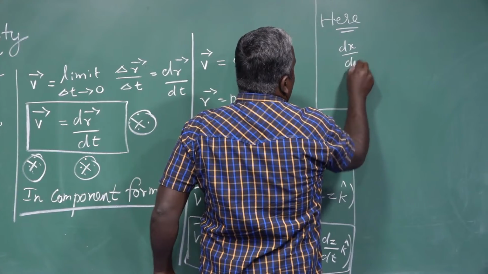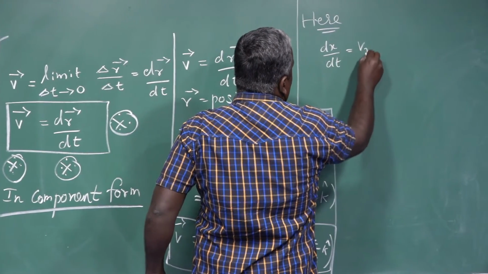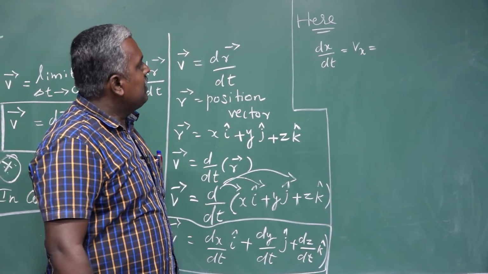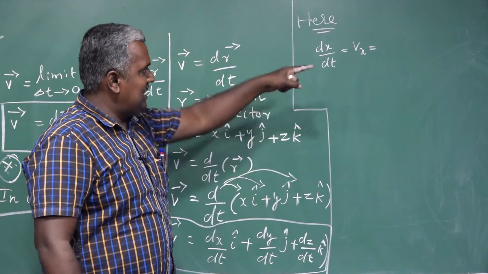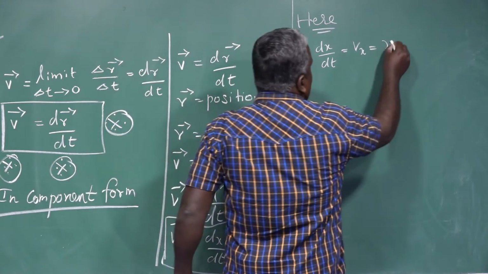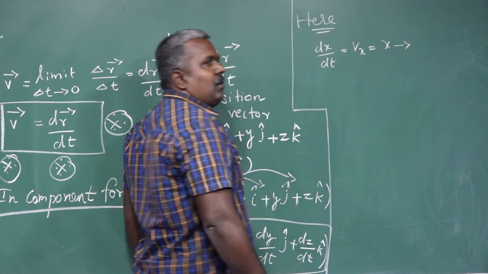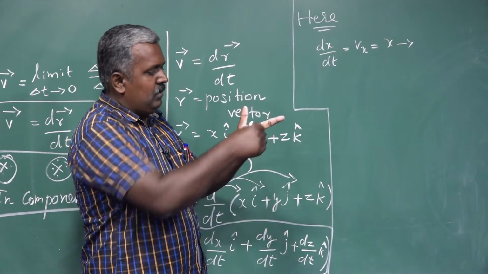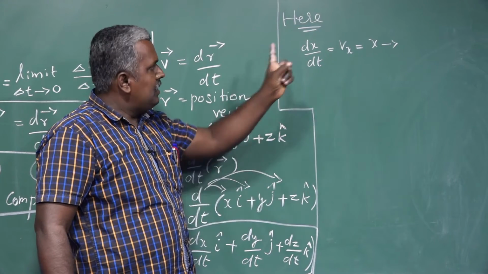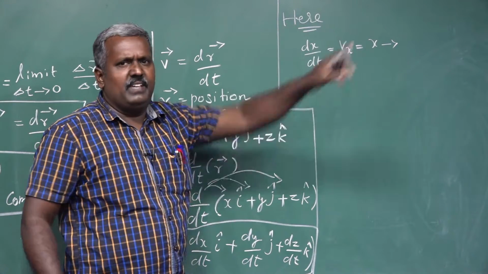Here, dx by dt is equal to v suffix x. It means the x component of velocity along the x-axis.